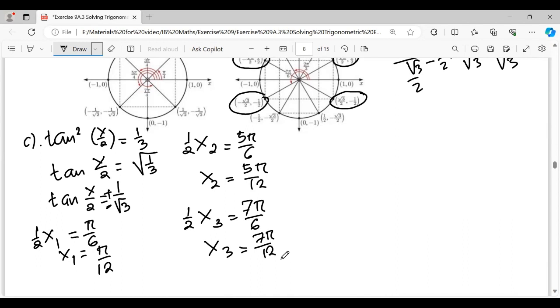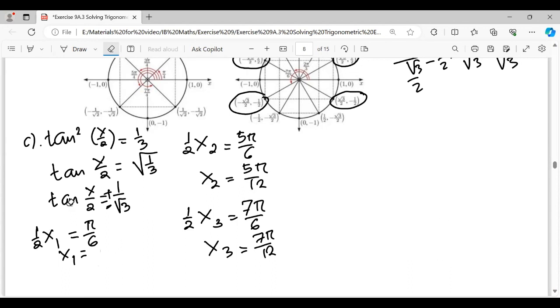Okay, after that, 7 pi times 2. Oh, sorry, times 2 becomes 14. So this is, sorry, should be times 2.